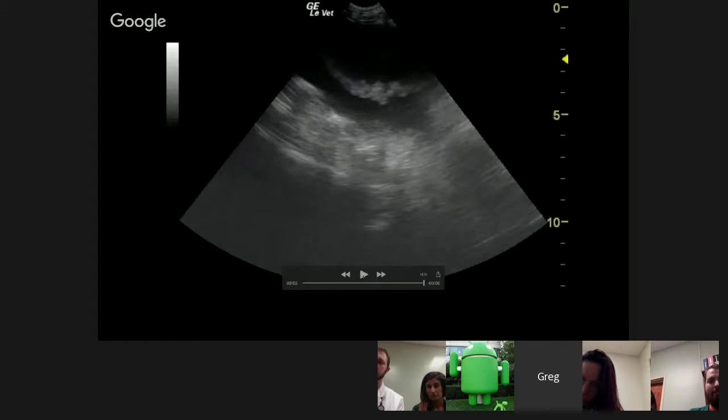Because what happens at the DH view when you don't have air right up against the soft tissue of the diaphragm, then you don't get that bright white line. So when there's pleural effusion there, it's a lot harder to follow the diaphragm because you don't have an air tissue interface. You have an air fluid or fluid soft tissue interface because the lung has moved away from the diaphragm.